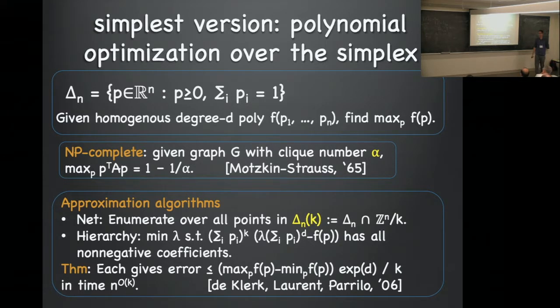You use the fact that your normalization constraint is equal to this, and then if all of these coefficients are non-negative, then this will be greater than or equal to 0. So you're trying to find a decomposition of this form. The dual of this is equivalent to enumerating over a certain epsilon net. So in this particular case, the sum of squares algorithm really can be exactly mapped to an epsilon net algorithm.